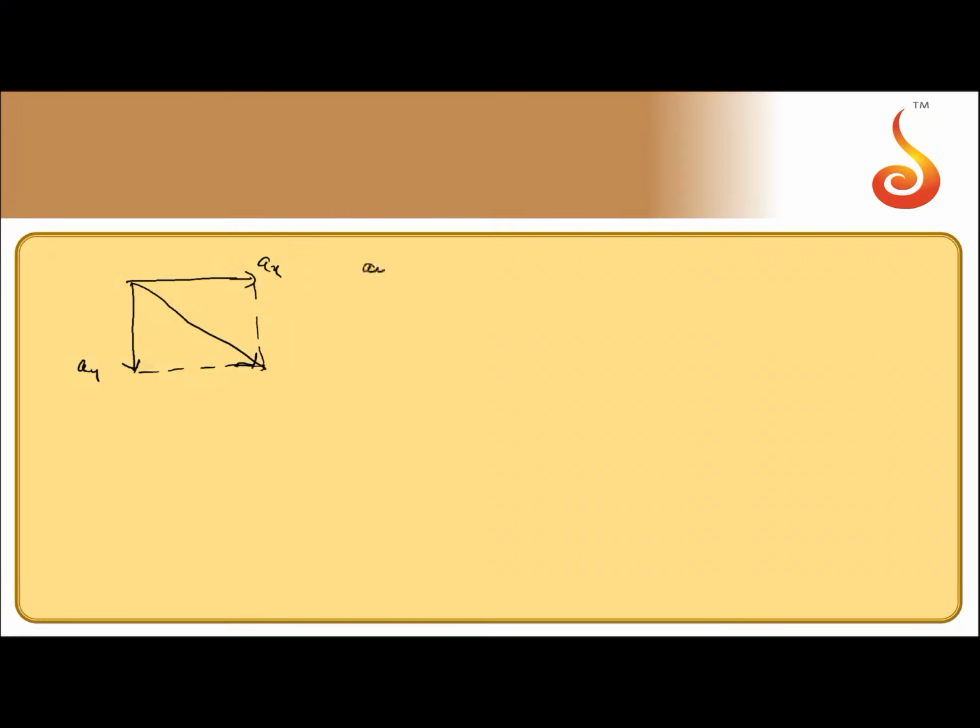So Ay equals g, Ax is Q by M times E naught, so x component is 4g by 3.